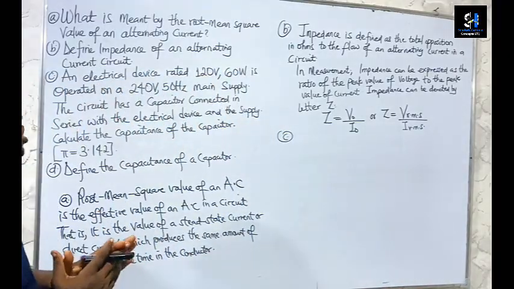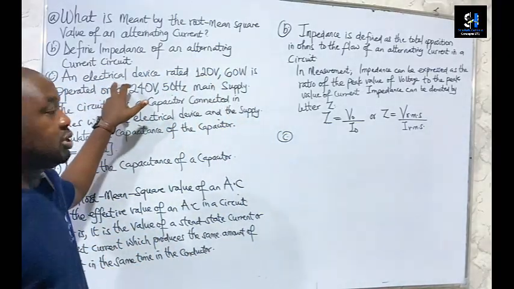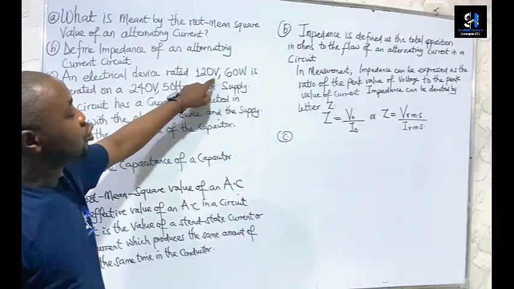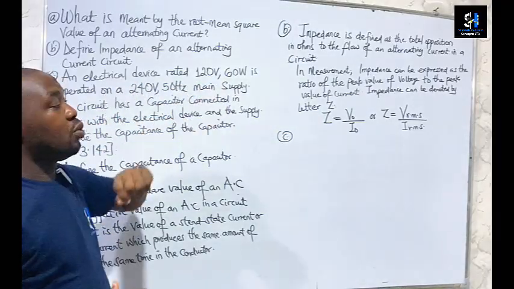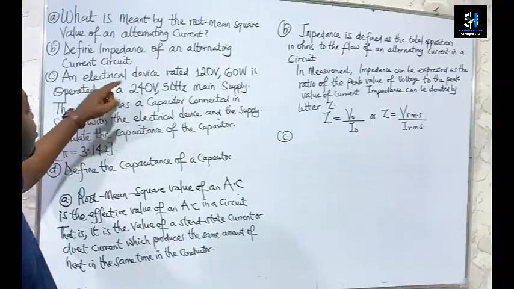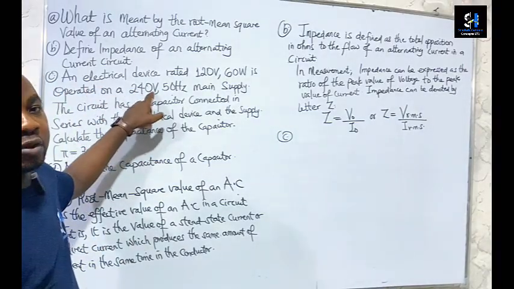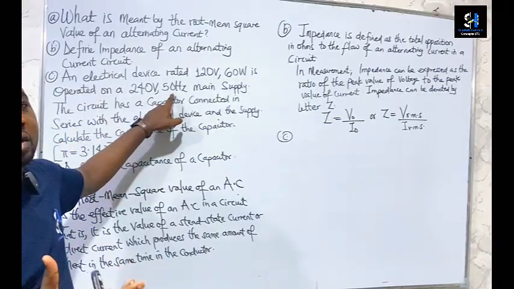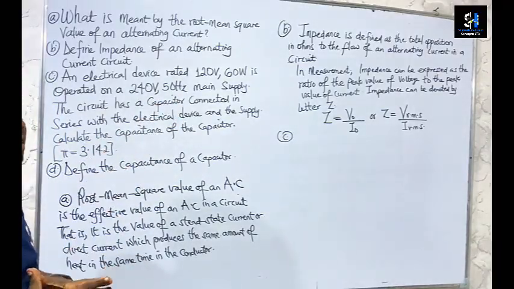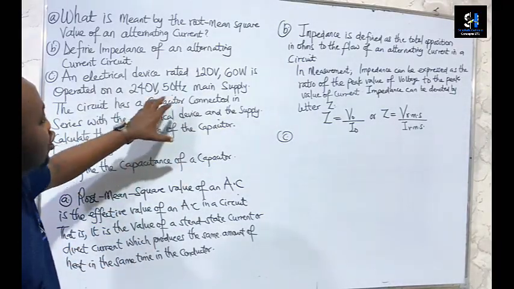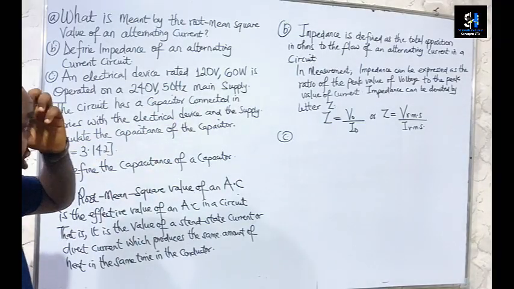The first thing is that we have an electrical device rated 120 volts, 60 watts, operated on a voltage source of 240 volts at a frequency of 50 hertz. So this is the AC source. I'm going to draw the circuit diagram.